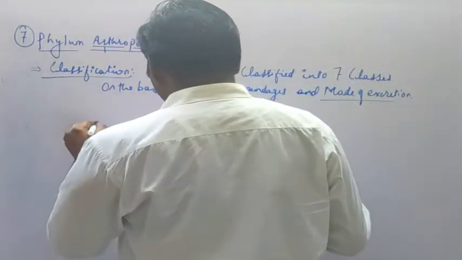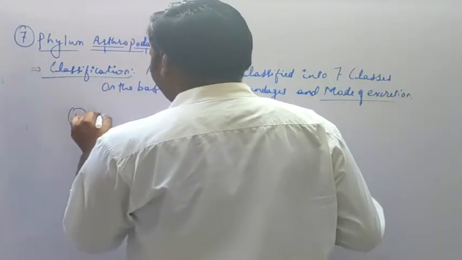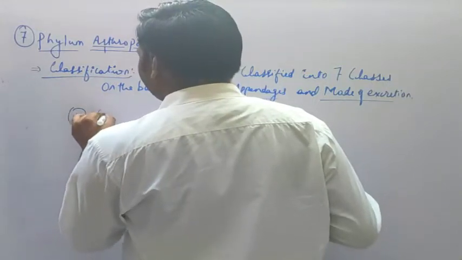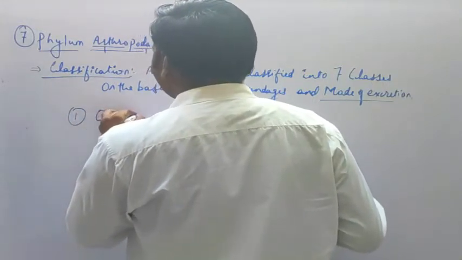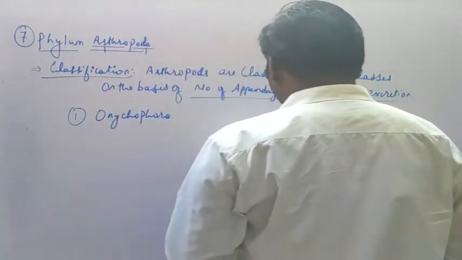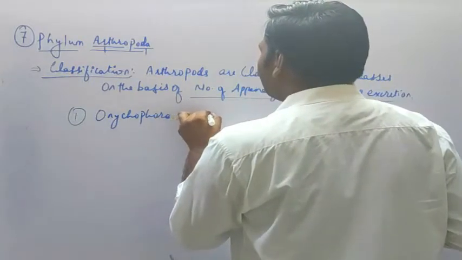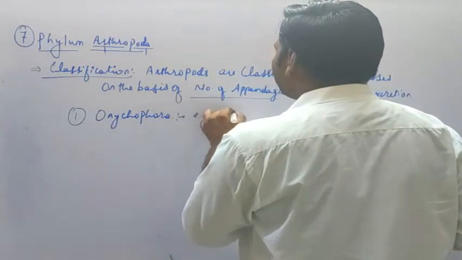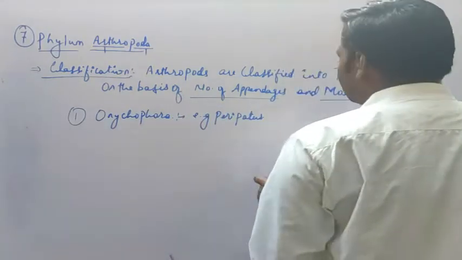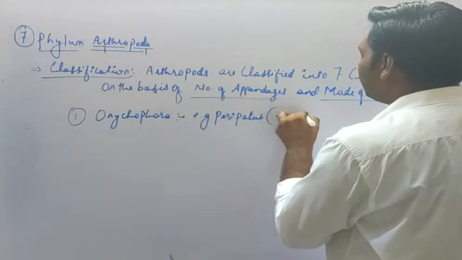So the first class of the arthropod is Onicophora. In this we are going to discuss the example called peripatus, which is also referred to as the walking worm.